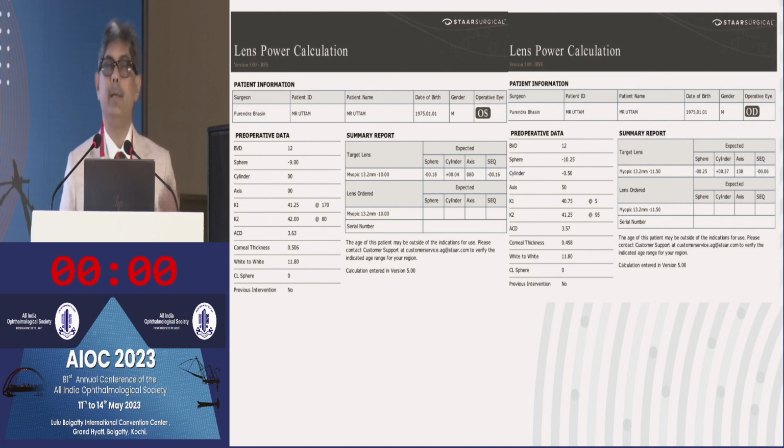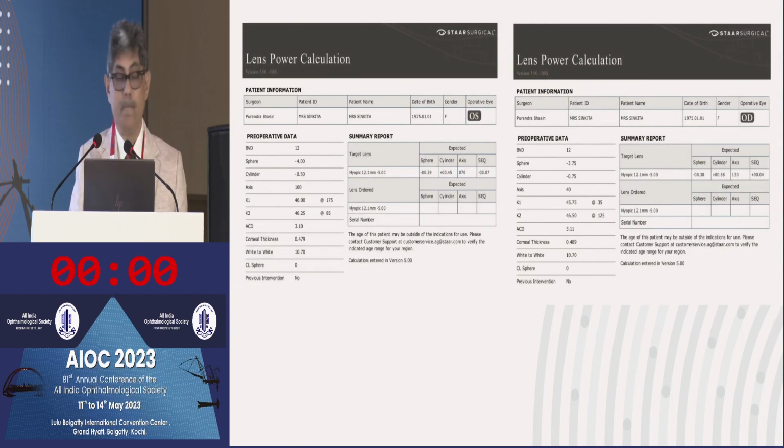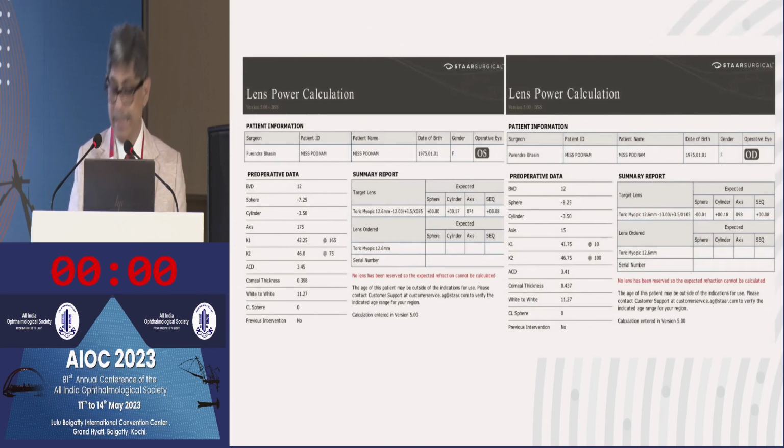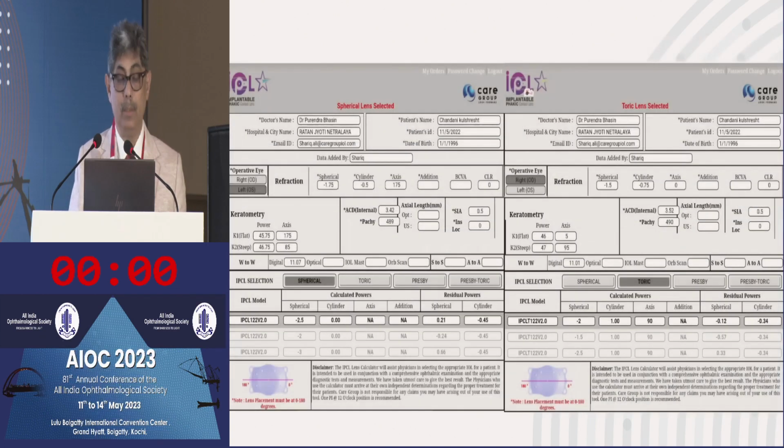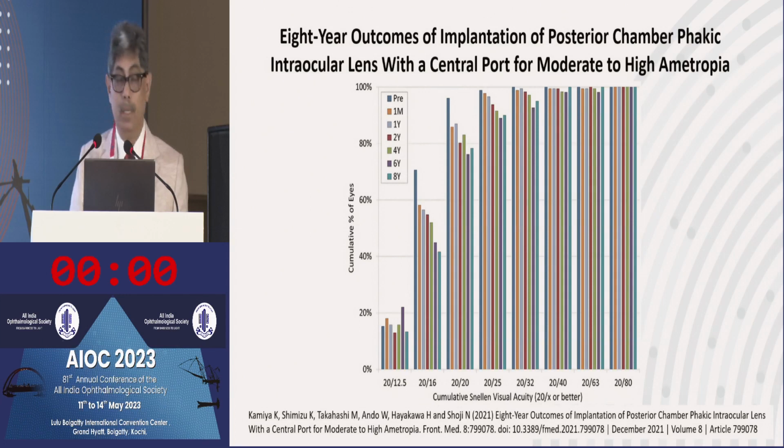I have done it in low powers because some people don't want to go for laser correction, since it is an irreversible procedure, and even in 2 and 2.5 diopter powers we have done the ICL. And all these case sheets come along with the lens, and this is the IPCL power sheet, how they send it.